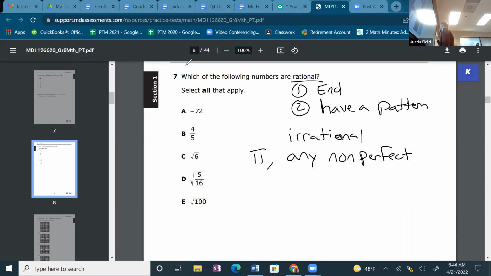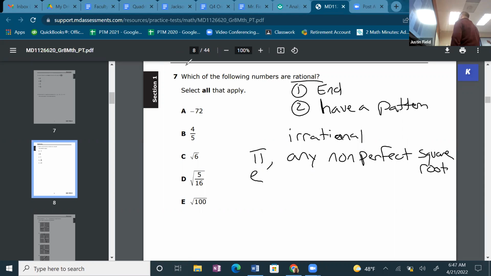Is it something that you can't put in a fraction? That's right. But it's easier to think about like pi. There's another one called e. But any non-perfect square root. For 8th grade math, if you know that all the non-perfect squares are irrational, you're gonna get the question.